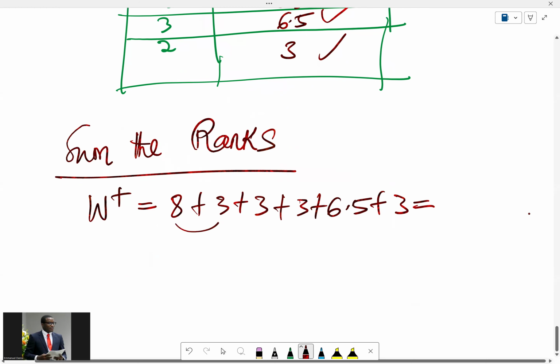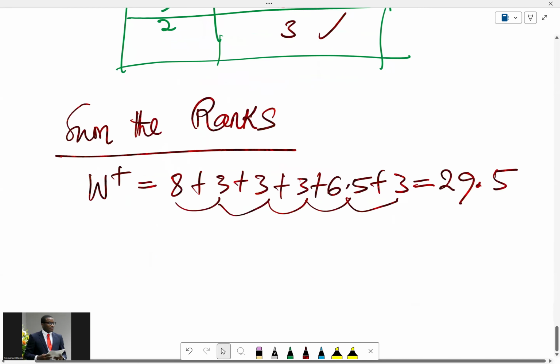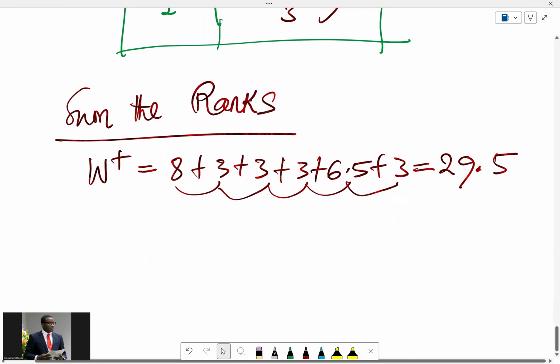So that's 11 plus 3, 14 plus 3, 17 plus 6.5, 23.5 plus 3 is 29.5. So the sum of positive ranks is 29.5.